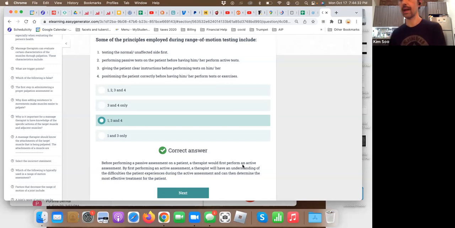Okay, so why would you do an active assessment before passive? Yeah, and more specifically, what do you want to prevent in seeing how well they can move? That's right. How might you injure someone doing a passive range of motion test?